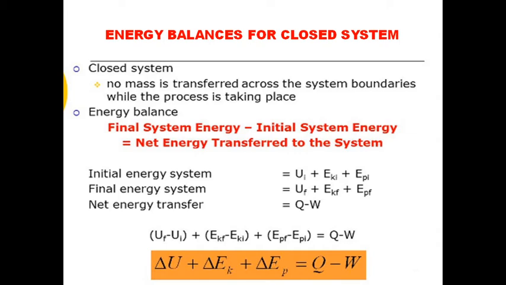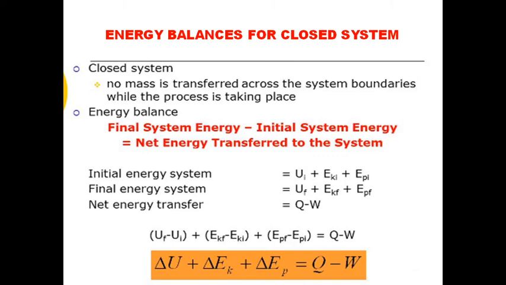So here, as per the energy balance, final system energy minus initial system energy is equal to net energy transfer to the system. Substituting all the terms, final minus initial: UF minus UI plus kinetic energy final minus initial EKF minus EKI plus potential energy final minus initial EPF minus EPI, that is equal to net energy transfer Q minus W.